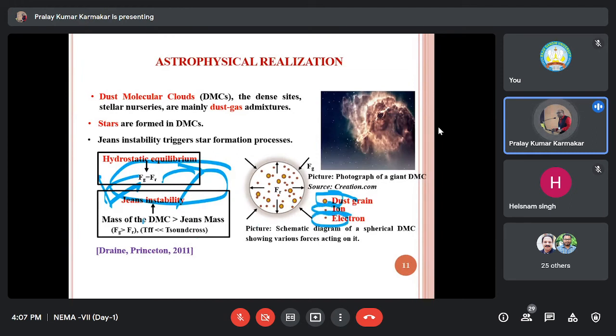The Jeans instability, or structure formation, fundamental condition is that the mass of the dust molecular cloud must be greater than the critical Jeans mass, and accordingly your free-fall time scale must be less than the sound crossing time scale. If you analyze this, you will get this point, and it is well defined in several references and basic books.